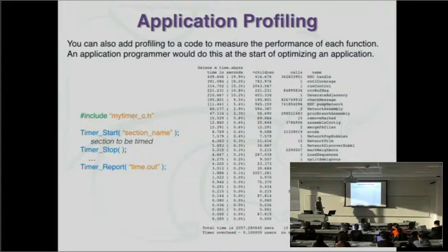Then around the sections that I want to time, I put a time start with the section name and a time stop. At the end, I print out this report. The code does all the calculations to accumulate the times being spent in each function that I put that around. So it prints out at the top the most heavily used one.